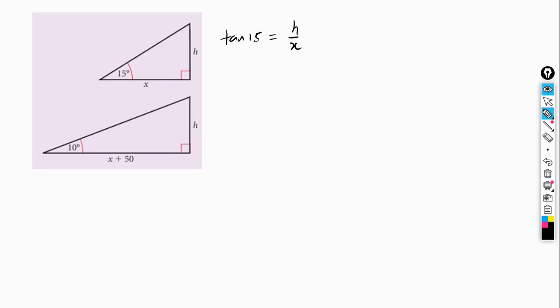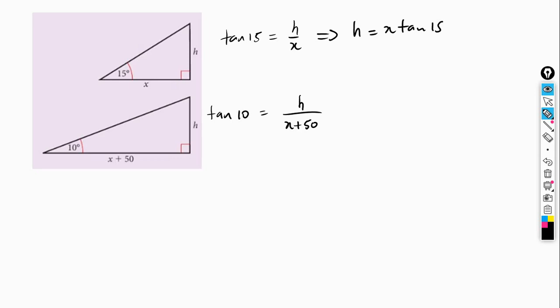And for this other triangle, we have that tangent of 10 degrees is equal to h over x plus 50. So there's several ways to solve this, but we'll try to use the simplest one. So notice that we can rewrite this top equation as h equals x times tangent of 15.